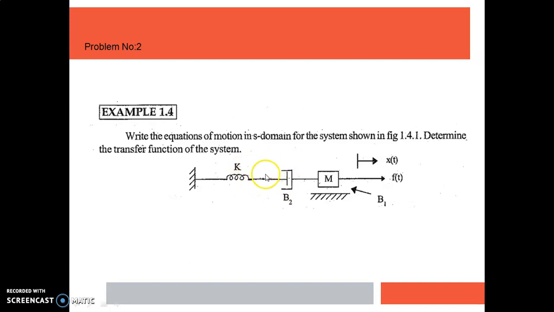The other opposing forces exerted at this node will be Fk and Fb2. What will be Fk? Fk is k into x1. And regarding Fb2, there are displacements at both the ends. So b2 into d by dt of x1 minus x.